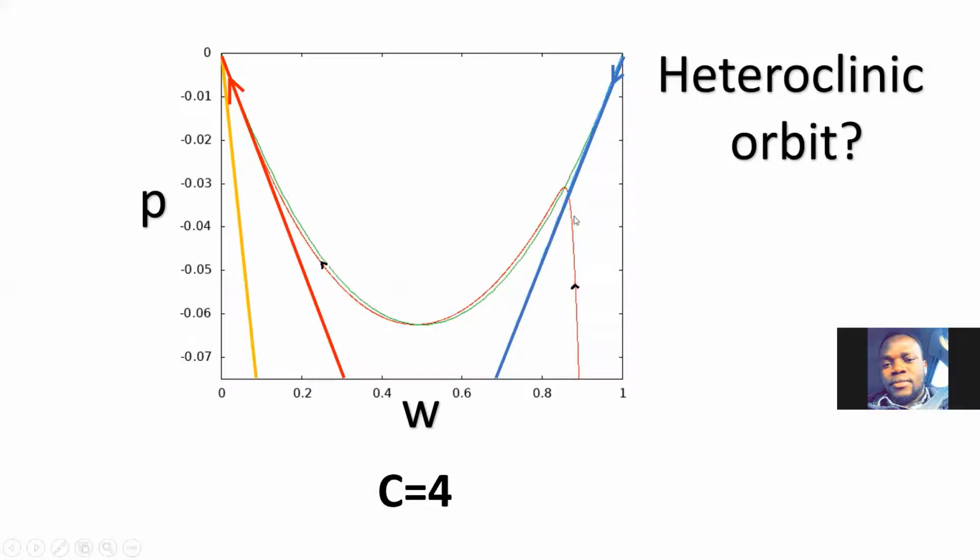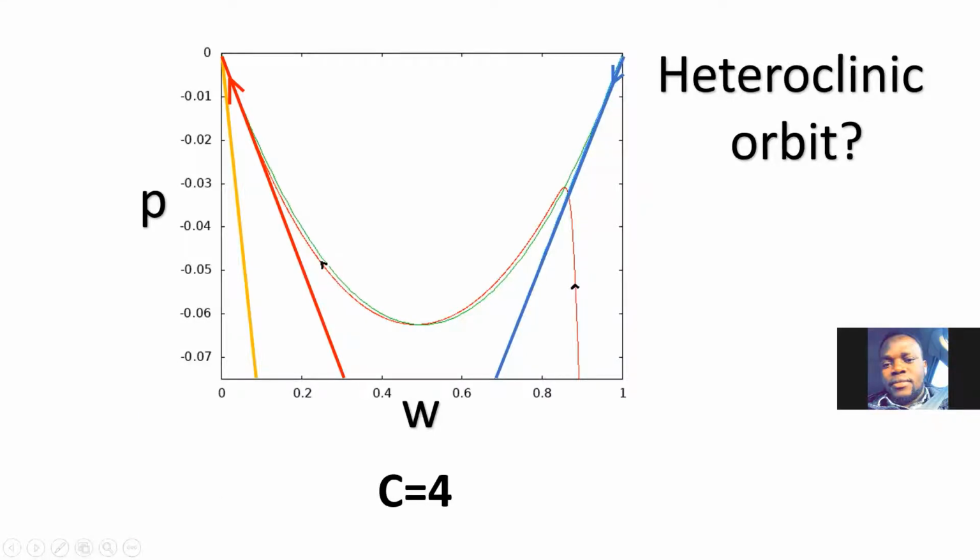Here I represented the same trajectory. This is one trajectory which corresponds to one initial condition. What we are looking for is a solution that is defined for all times for W and P, but which goes to (1,0).